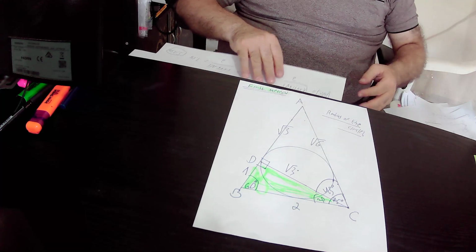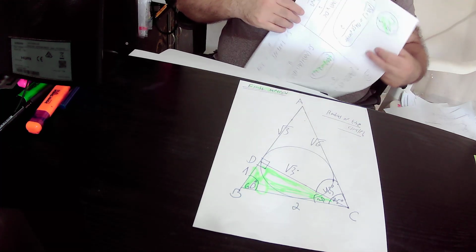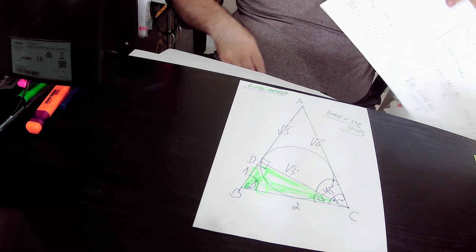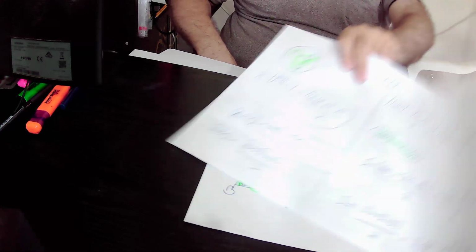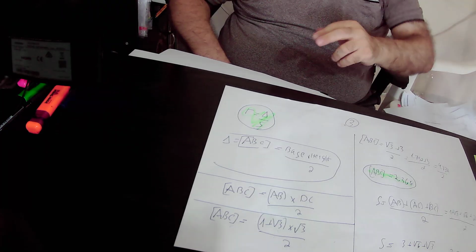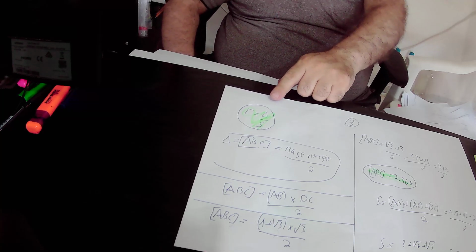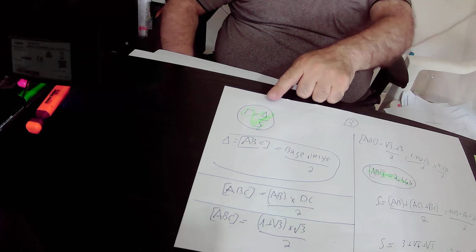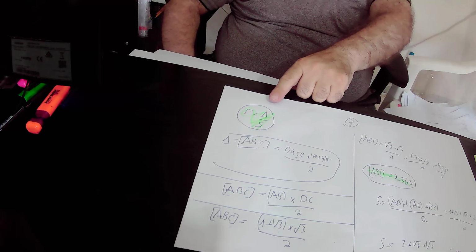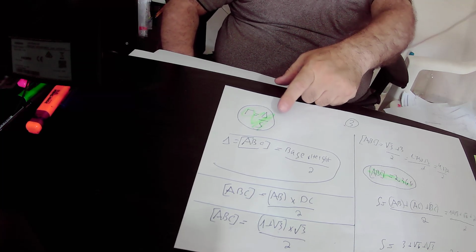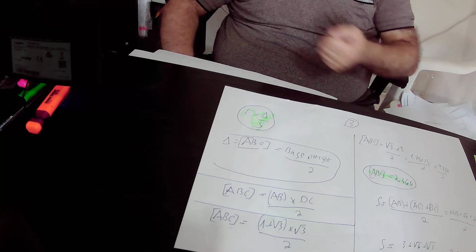Therefore, we implemented here a new rule that gives us the radius of any circle that is inscribed in a triangle. The radius of any circle inscribed in a triangle is equal to the area of the triangle that encloses the circle over the semi-perimeter of the triangle. The semi-perimeter is the perimeter over 2.